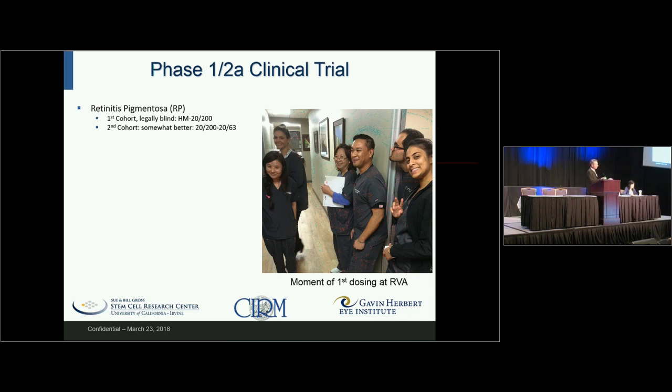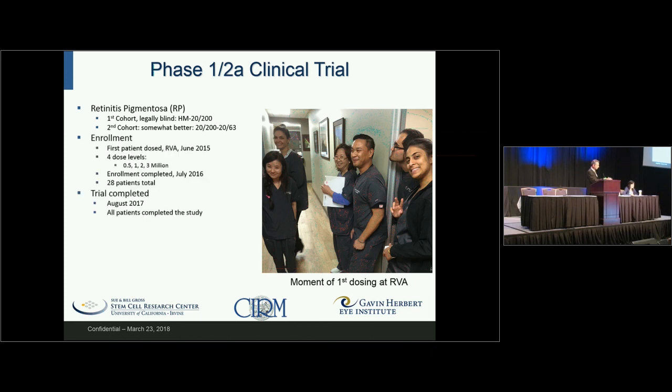The other end of the range in that group was 20/200, which you probably know is still legally blind. The second cohort was somewhat better vision. These people were from 20/200 to 20/63, but you need to appreciate that they had very, very restricted visual fields, so even the acuity itself does not give the full picture of how severely affected these people are.